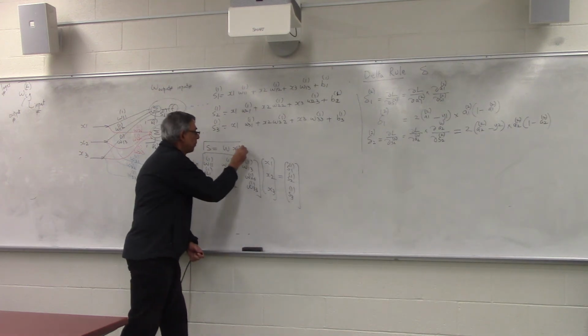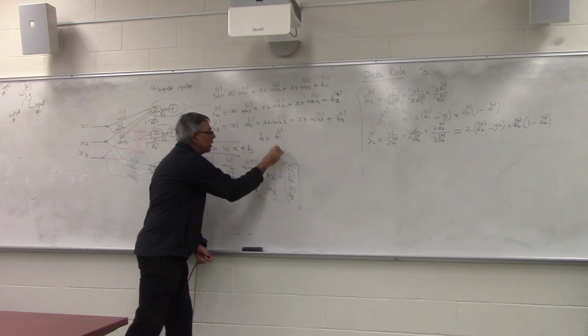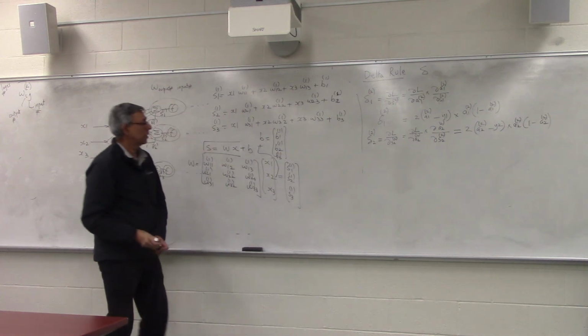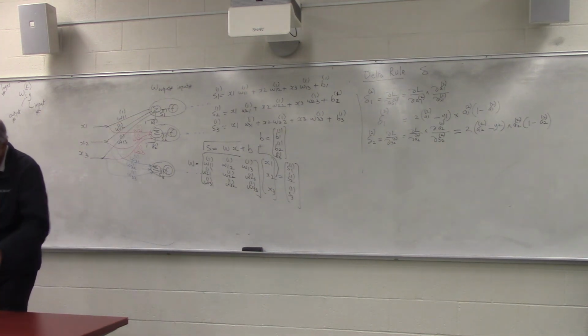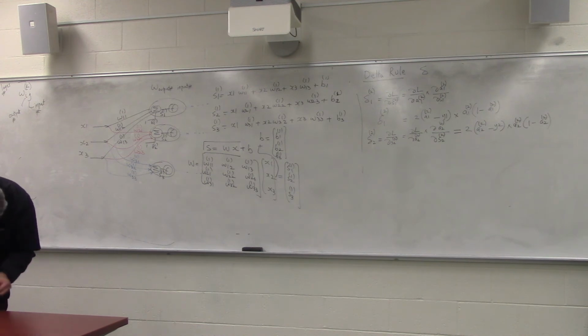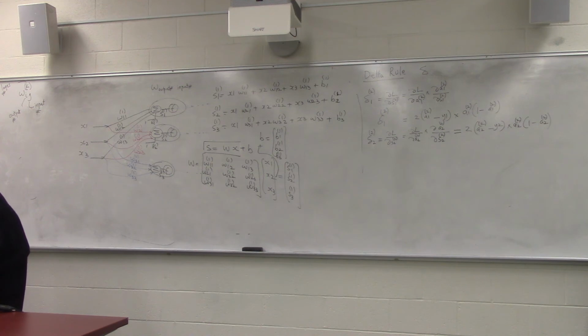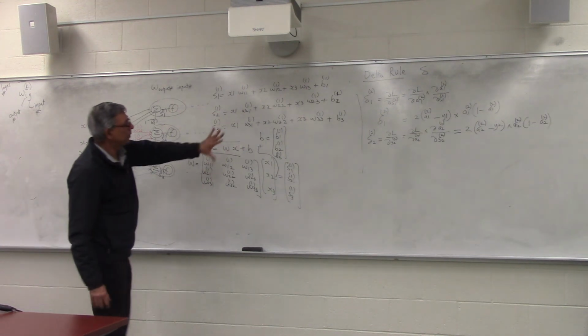So plus B, and B is B1 of 1, B2 of 1, and then there should be a plus B3. Okay, is everybody clear? I can erase this, right?